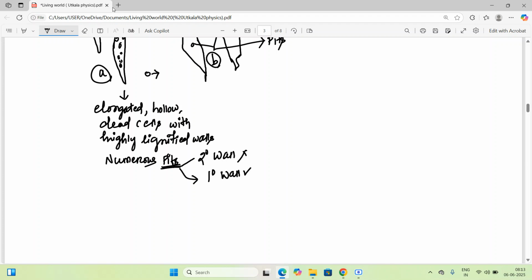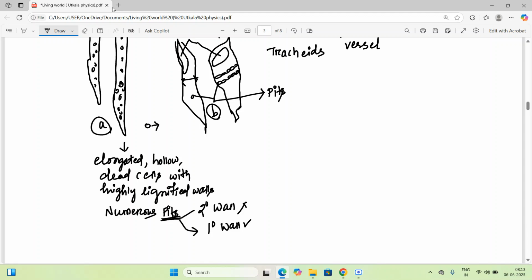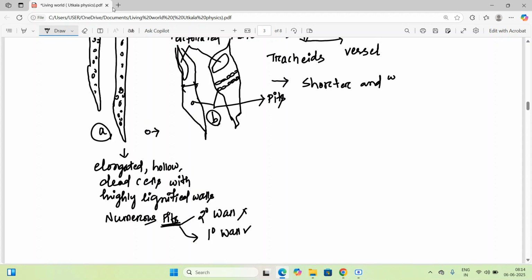Then the vessel elements. What is the criteria of vessels? They are shorter and wider than tracheids, and have perforated end walls to form the perforation plates.